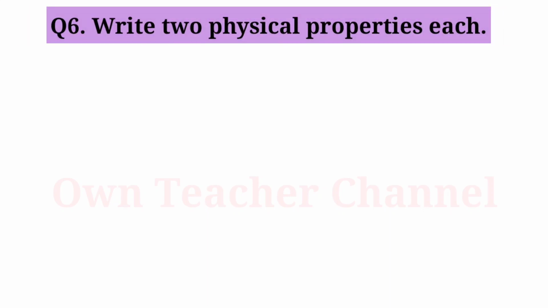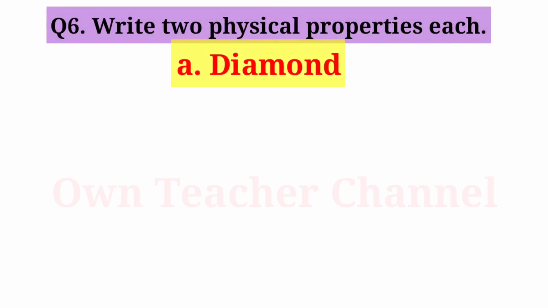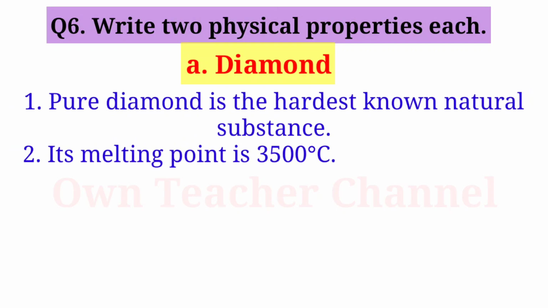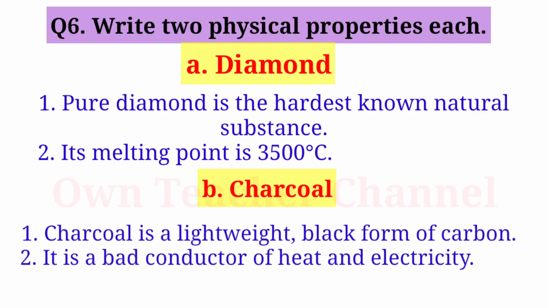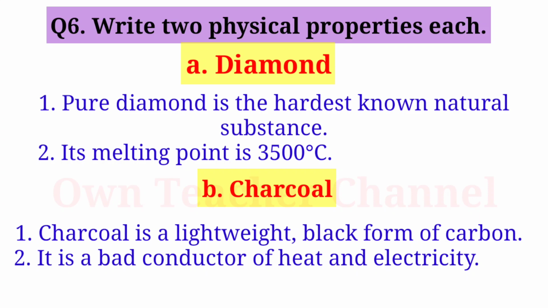Question 6. Write two physical properties each. Diamond. Pure diamond is the hardest known natural substance. Its melting point is 3500 degrees Celsius. Charcoal. Charcoal is a lightweight black form of carbon.